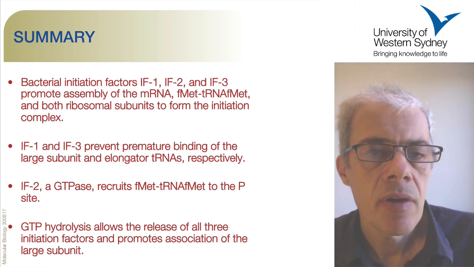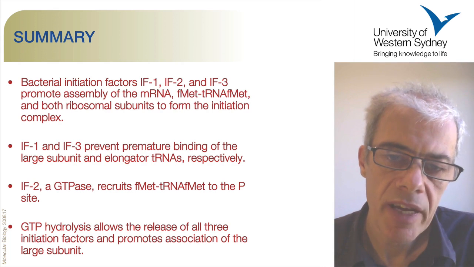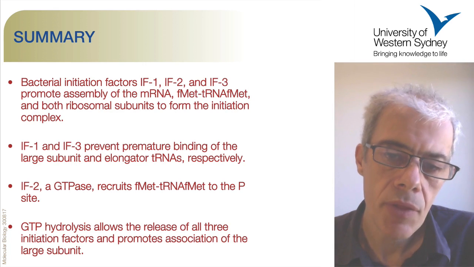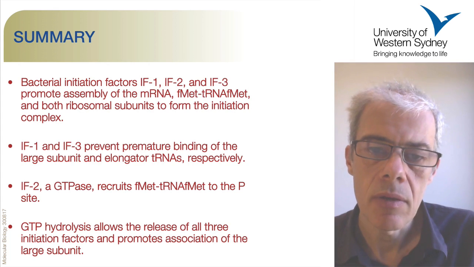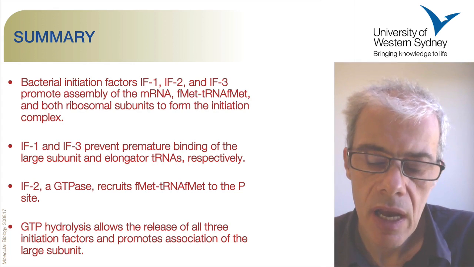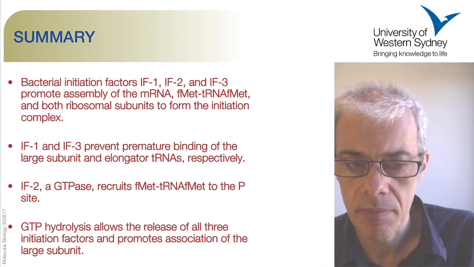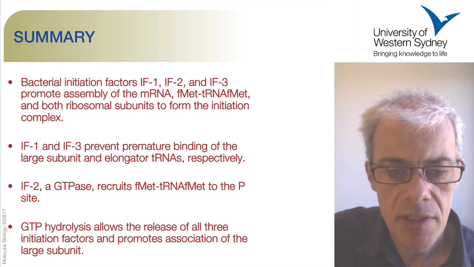So in bacteria, there are 3 initiation factors involved in the formation of the initiation complex. IF1 and 3 initially bind to the small subunit of the ribosome and prevent the binding of the larger subunit. IF2 is also involved in the initiation process.